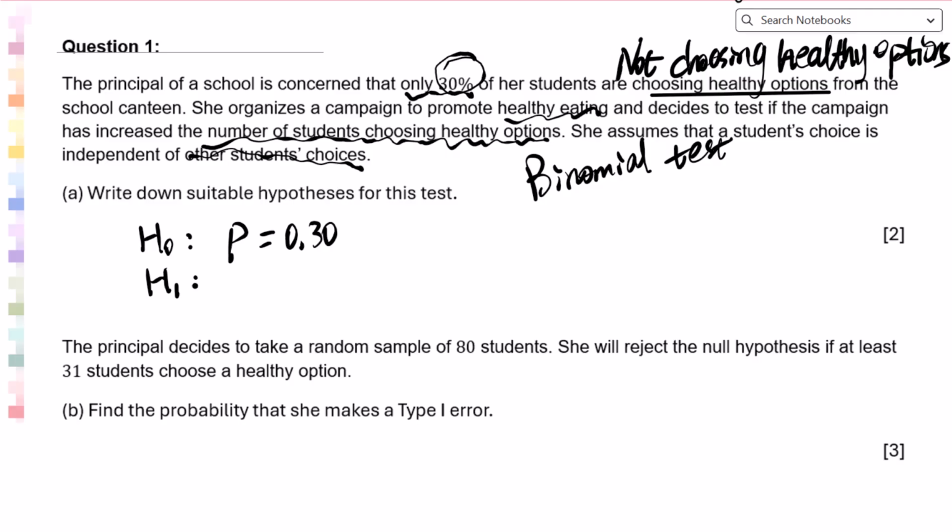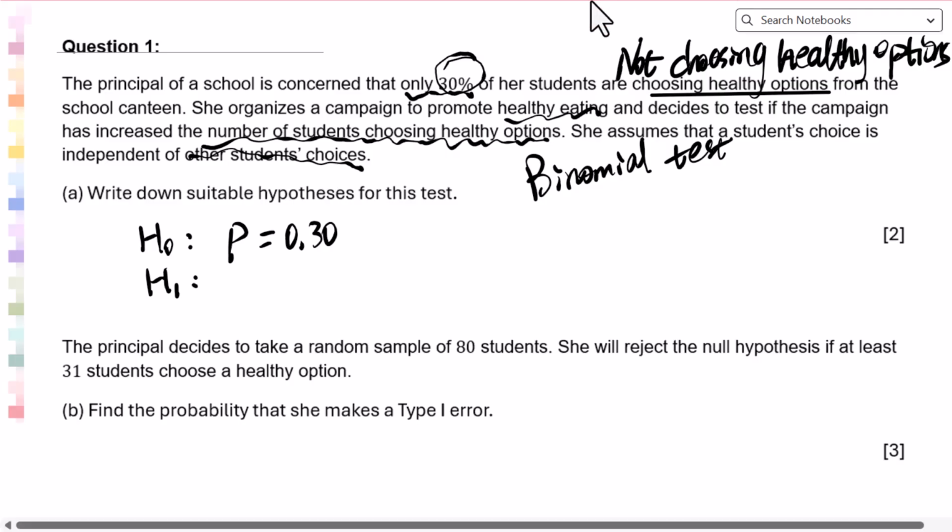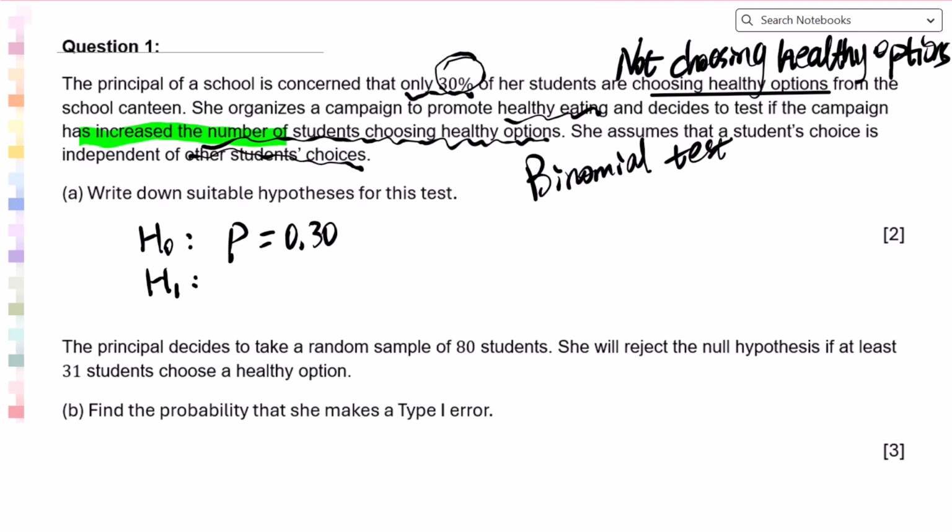H1: keywords here, increase the number. So for H1, p greater than 0.30.